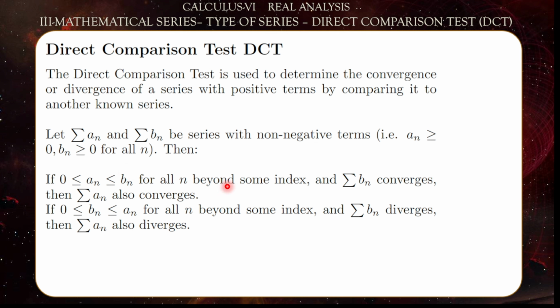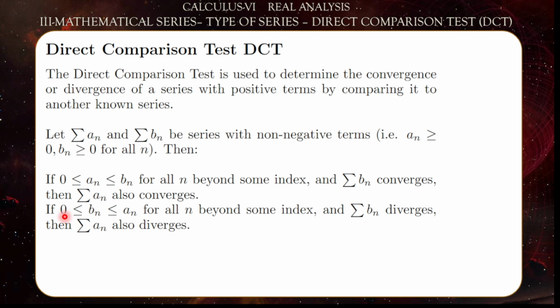Now, if bn as a sequence is greater than or equal to an, and the series of bn converges, then since an is bounded from above by bn, which converges, hence sigma an also converges. Why? Because an is less than or equal to bn, then the sum of an also converges if the series of bn converges as well. Because bn is greater than an, it is the upper bound.